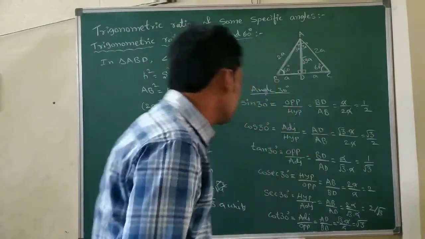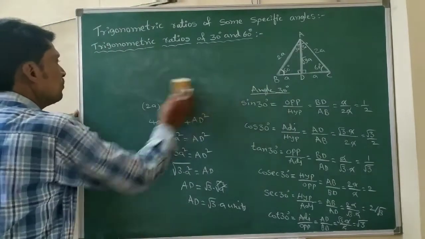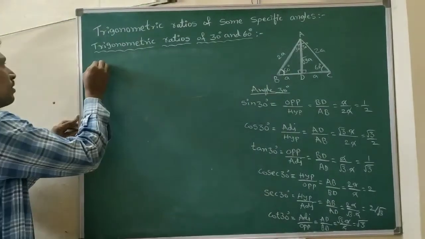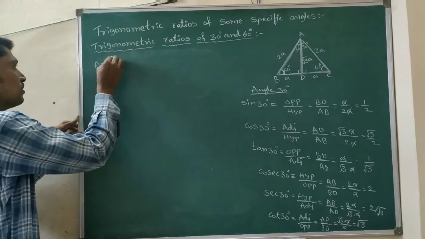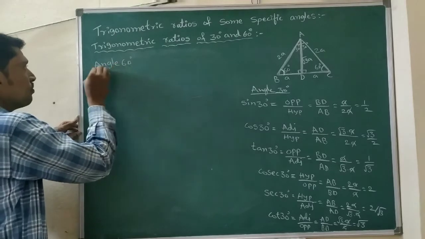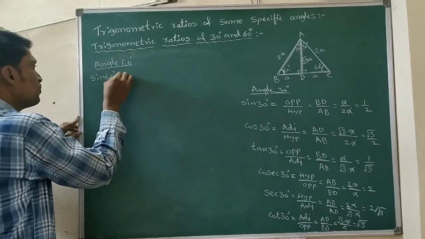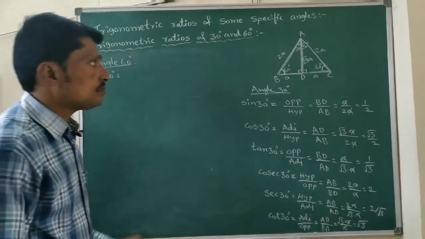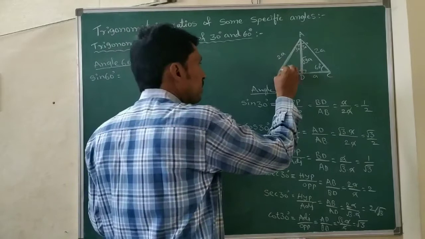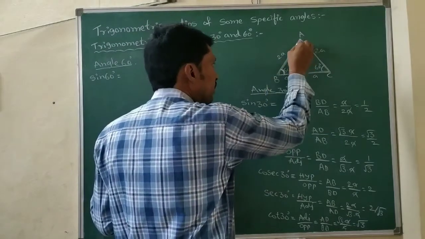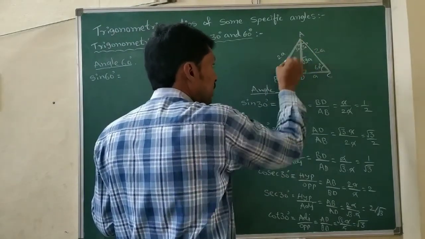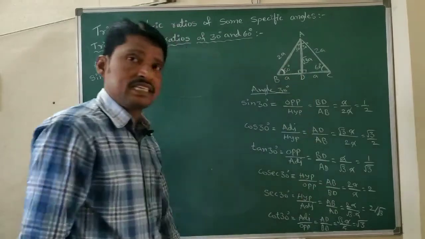Now we can take the 60 degrees one. Angle 60. So sin 60. Here it is making the angle in this triangle ABD, which I am taking. In triangle ABD, angle B equals 60 degrees.